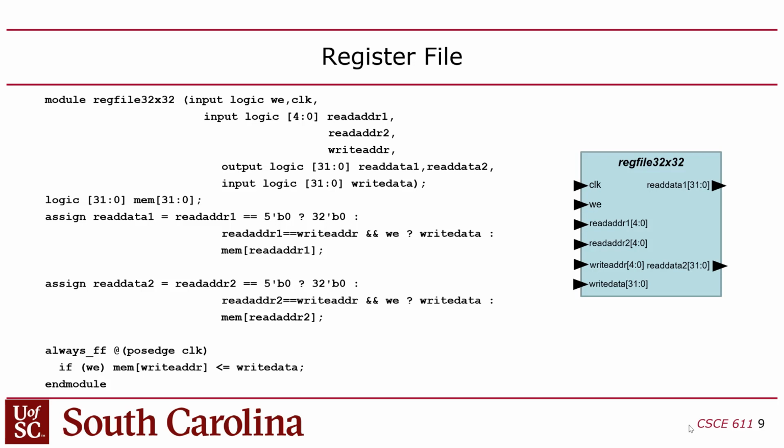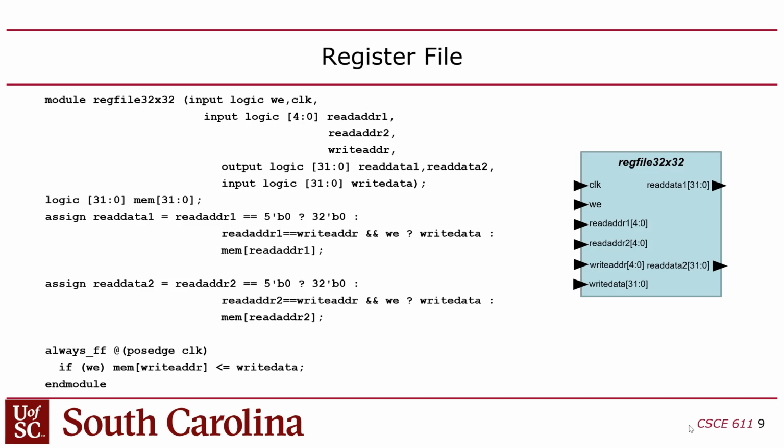You stick them into these two address ports and the corresponding register values are spit out. Then there's a write port with write address and write data, meant to line up with the RD field, the register destination. The write data comes from somewhere, depending on where you want to get the data to write.